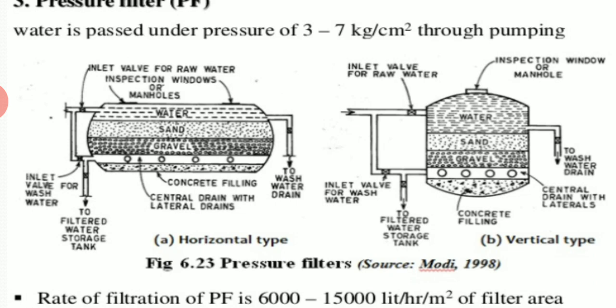So you can see the sketch of rapid sand filter which is applied by pressure. Here water is passed under pressure of 3 to 7 kg per centimeter square. Working is same as that of rapid sand filter and cleaning process is also same as that of rapid sand filter.